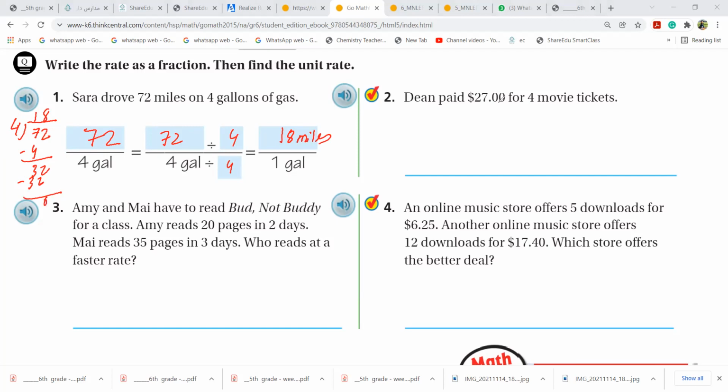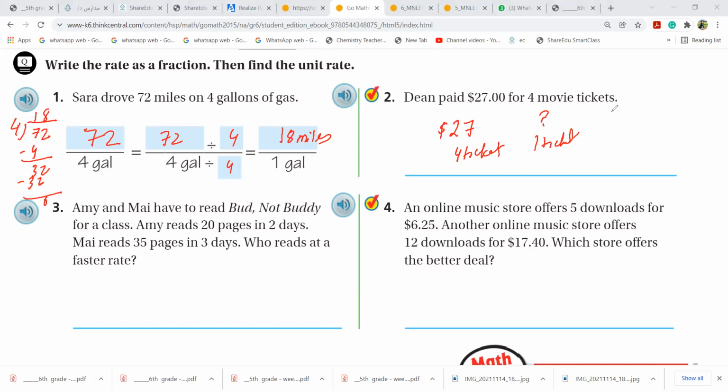Dean paid $27 for 4 tickets. So $27 for 4 tickets. 1 ticket is how much? Tell me, what should I do? 27 over 4 or 4 over 27?